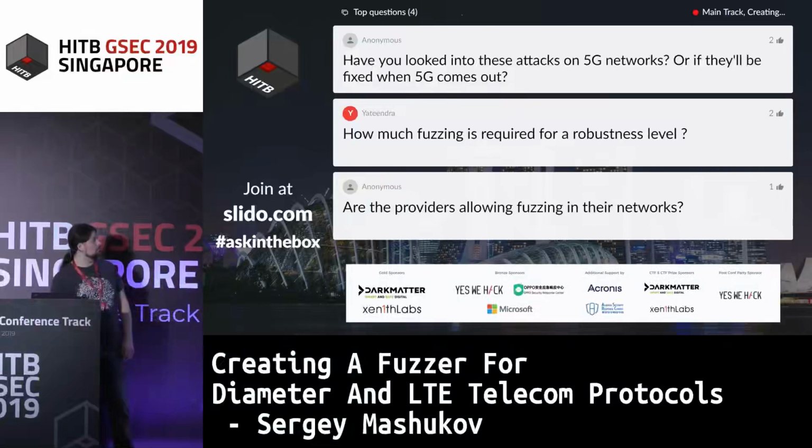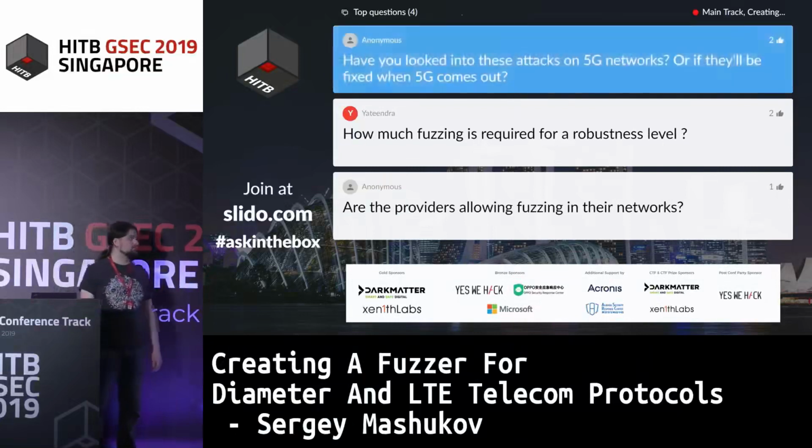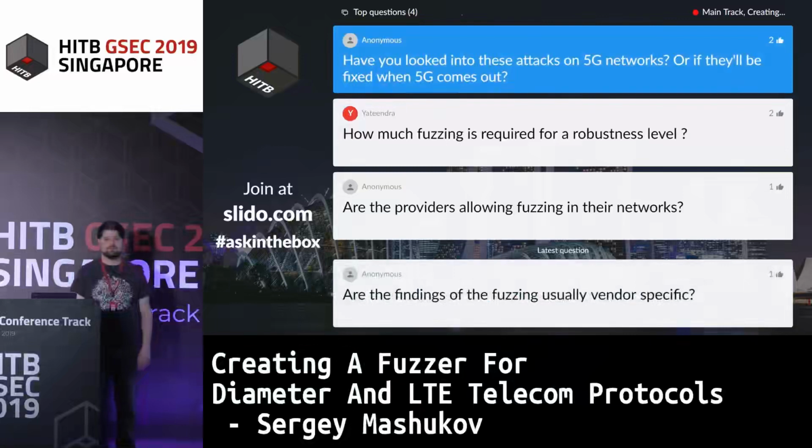Have you looked into these attacks on 5G networks, or if they will be fixed when 5G comes out? Again, this boils down to what you understand as 5G. In 5G standalone, there won't be any diameter. The problem is that they most likely will still use the same procedures. And that's the problem.